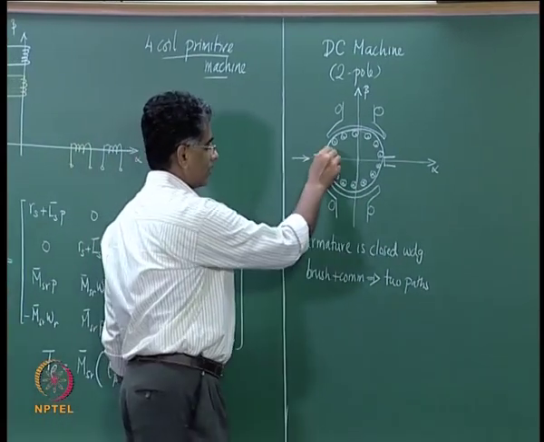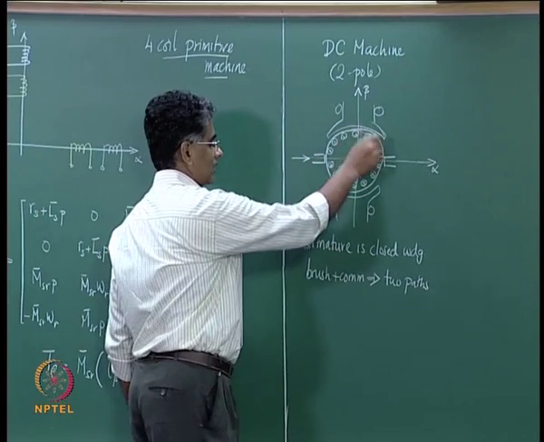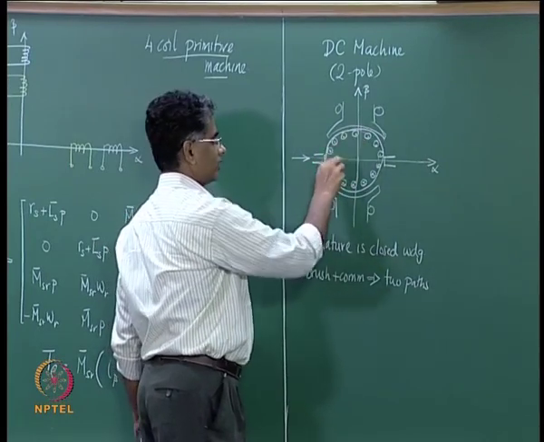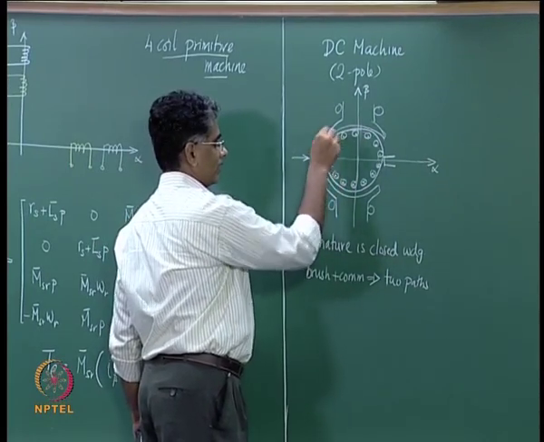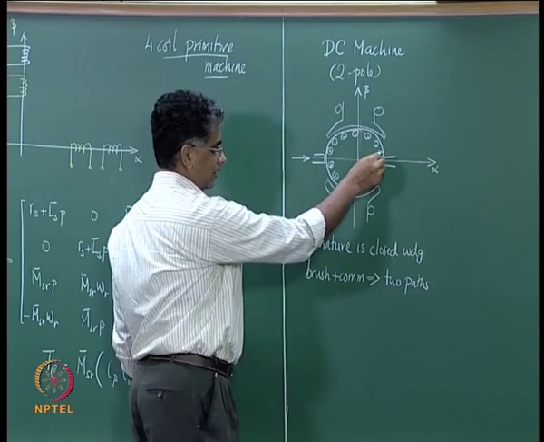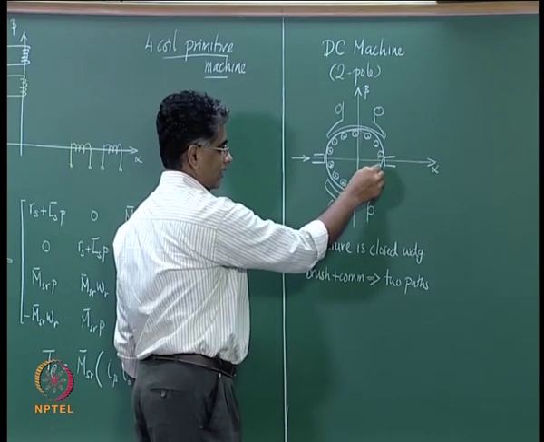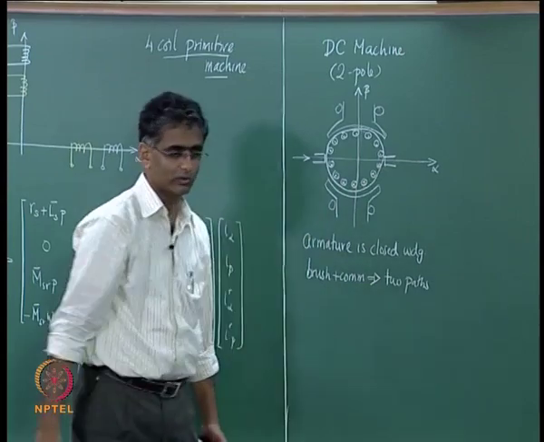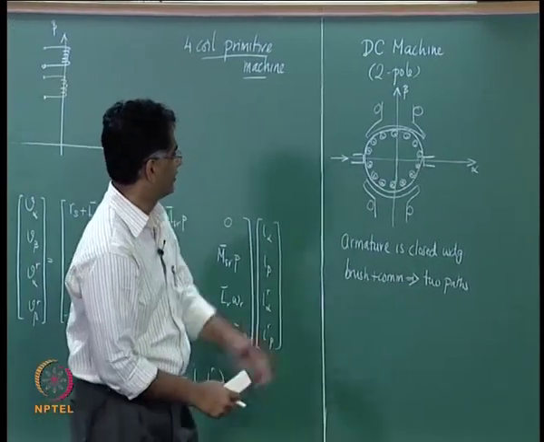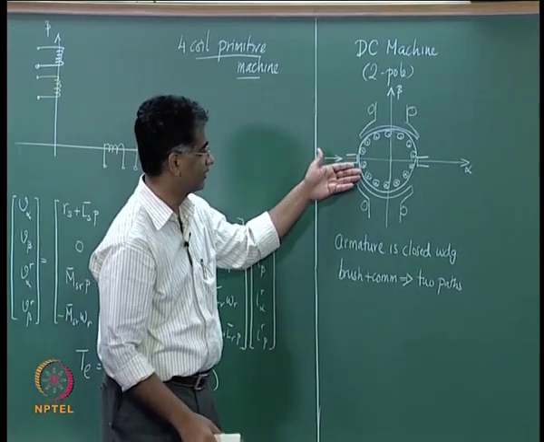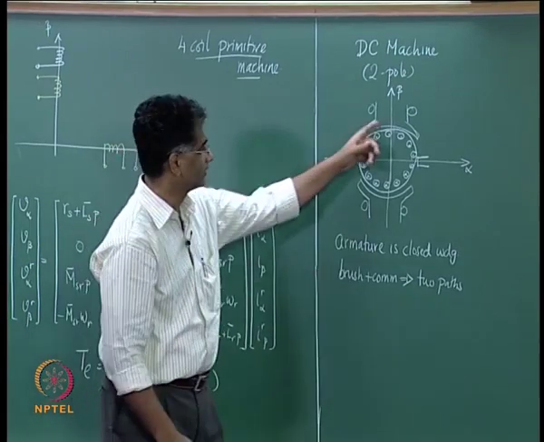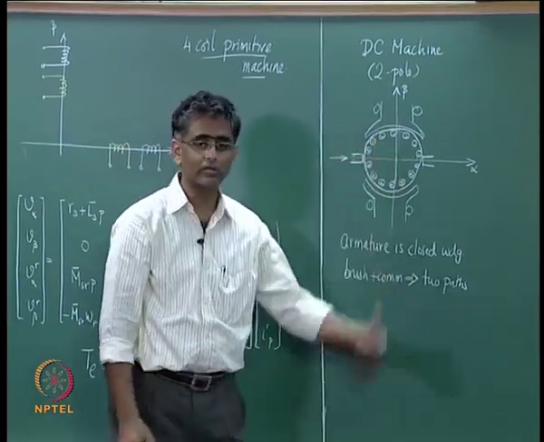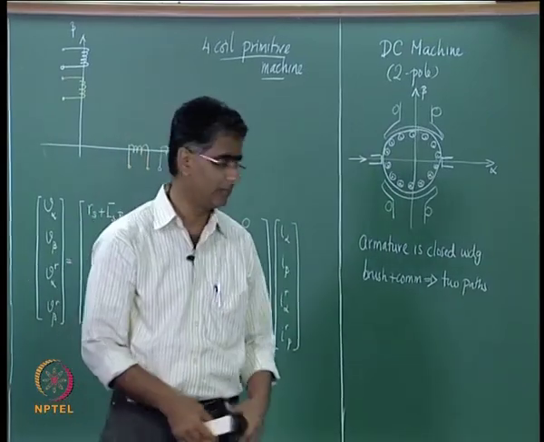That means, all conductors having reached this half as the rotor rotates will always have flow of current that are outwards. All conductors as they reach this half will have flow of current that are inwards. If it is outwards here, if it is inwards here, then it is outward here. So, this distribution in spite of the rotation of the rotor remains the same.